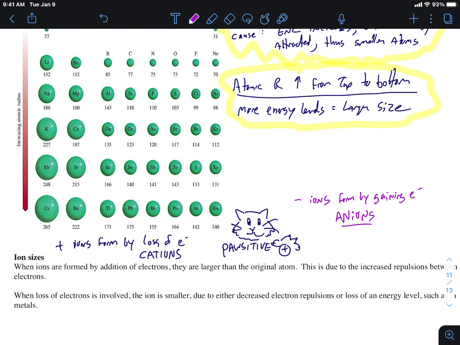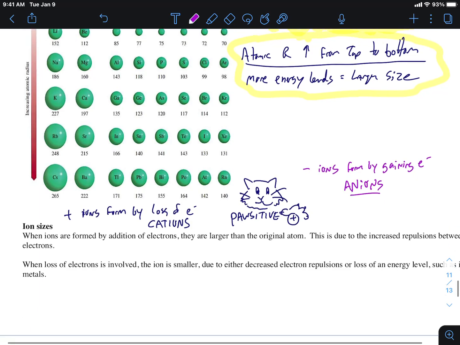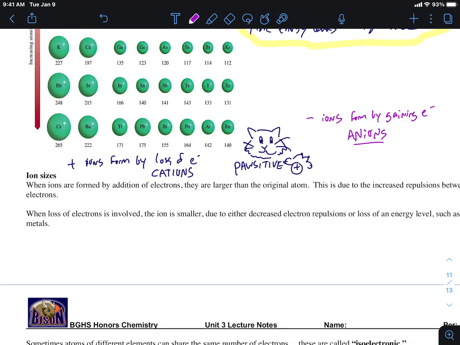Okay? So, not only do you form positive or negative ions, cations or anions, we need to consider what happens to the size when ions form. So, let's first talk about cations.